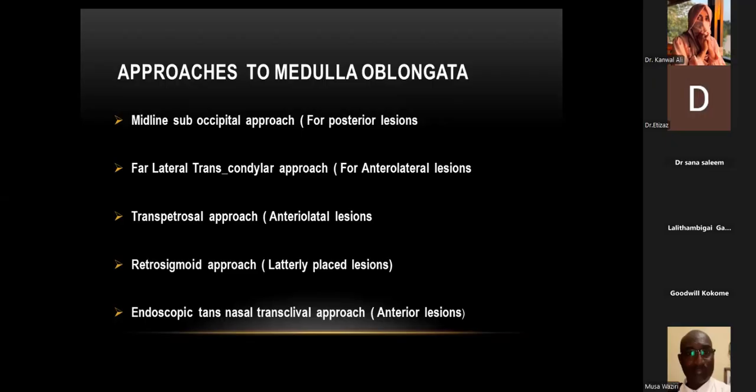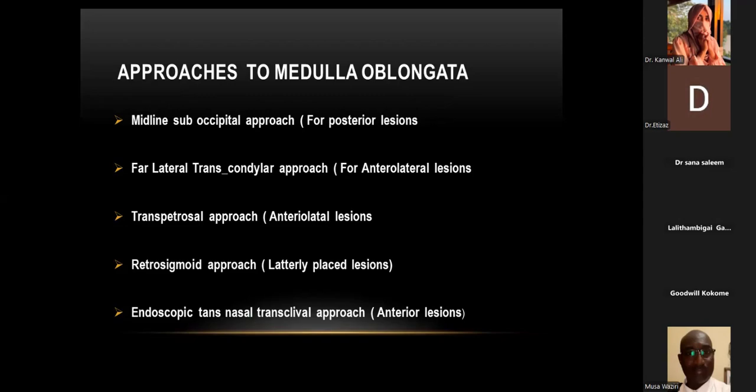There are three types of lesions, mostly: anteriorly placed lesions, posteriorly placed lesions, and anterolateral or posterolateral, which is the same territory. We divide the approaches according to that. Where the lesion is, we opt for that approach.